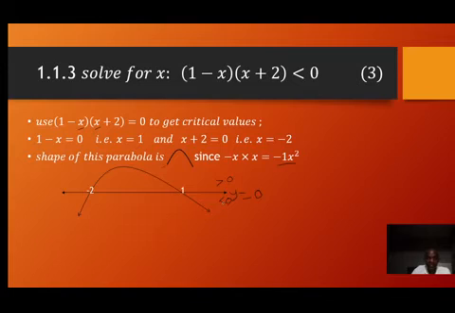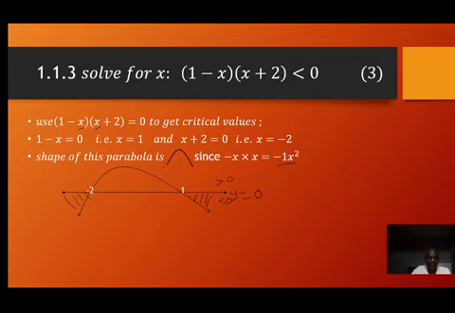So if you check my parabola here, this is where the parabola is below the x-axis, and because it is below the x-axis, to get my x values I simply look on the number line.